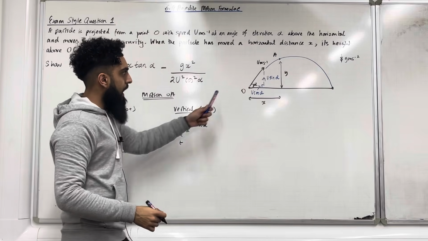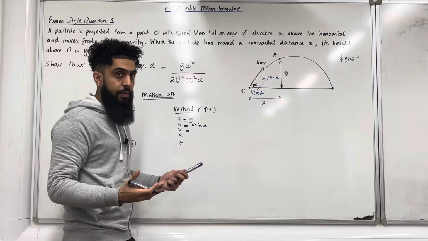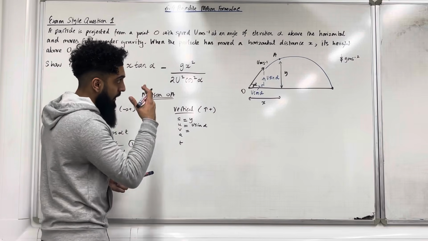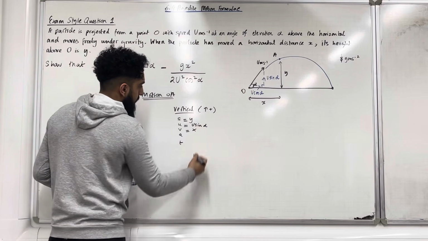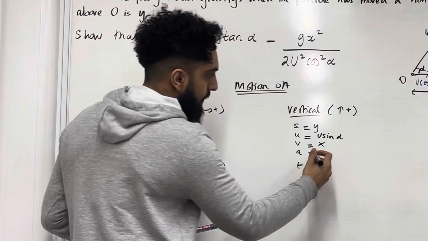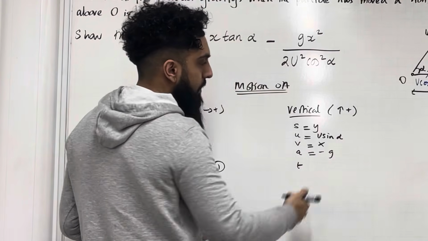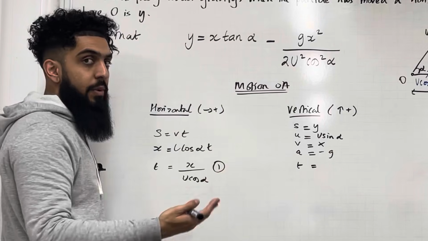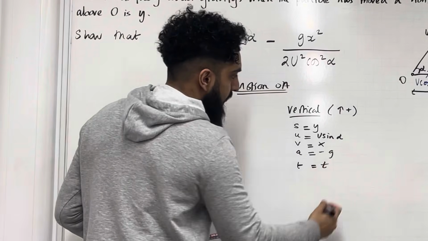The vertical final velocity at the point A, we don't know. Remember, point A is not the maximum height, so we don't know that velocity. We can just put an x here. The acceleration is just going to be minus g, because we're taking upwards to be the positive direction, and the time taken to move from O to A, we don't know. We can just call it t.